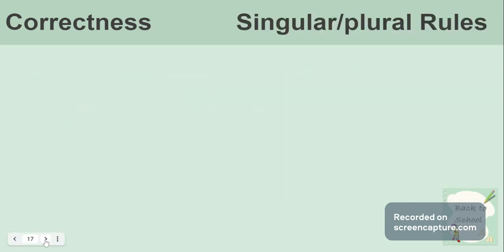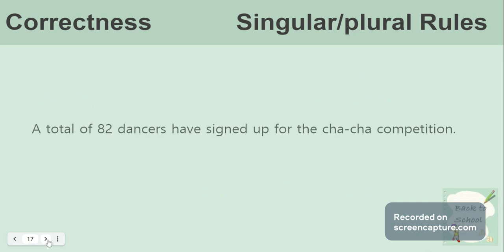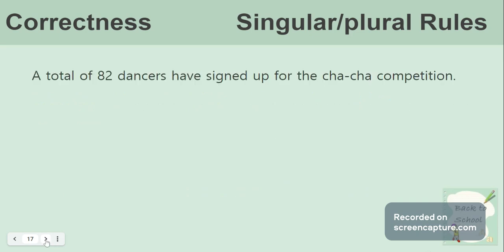Next one. And in mechanics also, we must not forget the singular and the plural verbs, the rules of agreement in a sentence. Okay? A total of 82 dancers have signed up for the cha-cha competition. Okay, once again, how will you know if you should use a verb that is plural or singular?